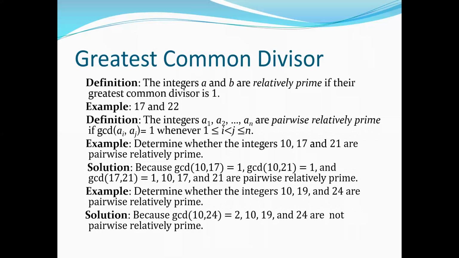Since it's not 1, we don't need to test the other pairs, because the first pair failed. We can conclude that 10, 19, and 24 are not pairwise relatively prime, since the GCD of 10 and 24 is 2.